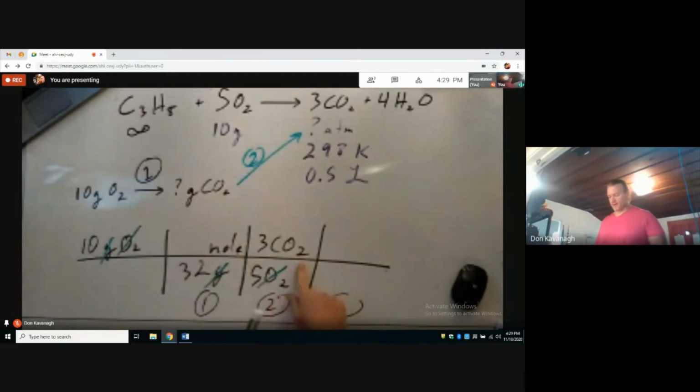Now to get the grams of CO2, again, looking at the periodic table and just arranging things to make a unit cancel. If you don't understand where I got these numbers, 32 grams per mole and 44 grams per mole, check that out in a previous video or ask me. This scaffold right here only has the words grams and CO2. So it's going to give us this answer right here.